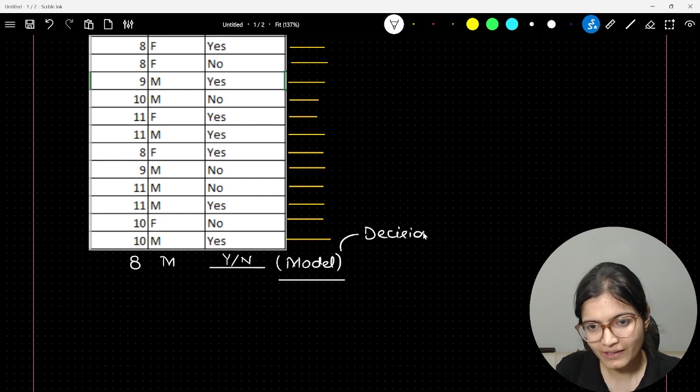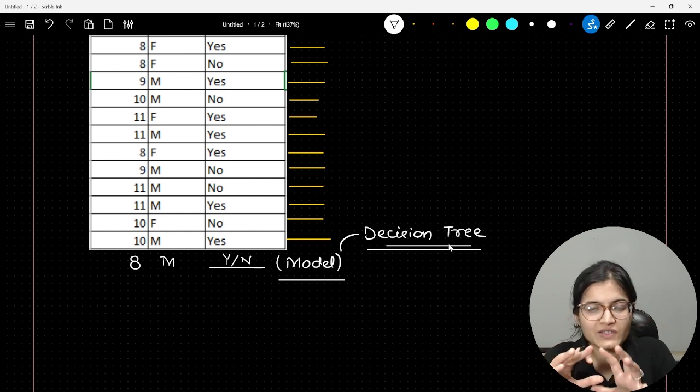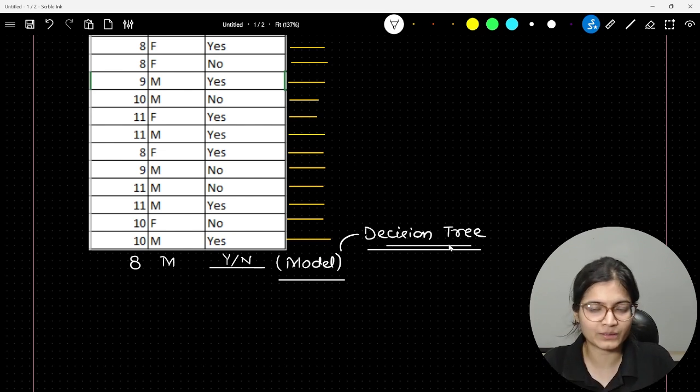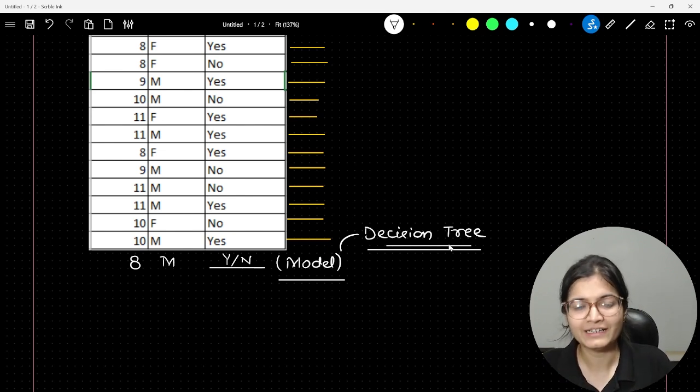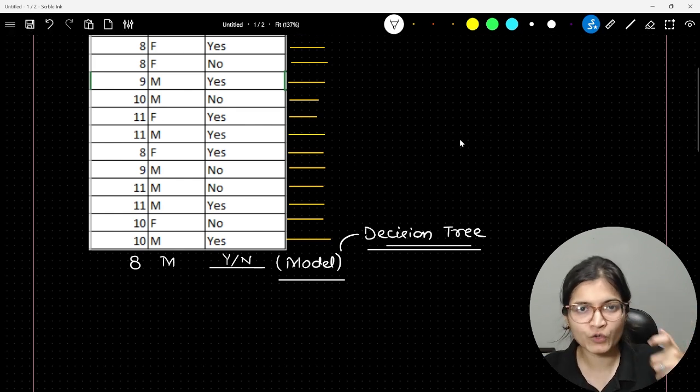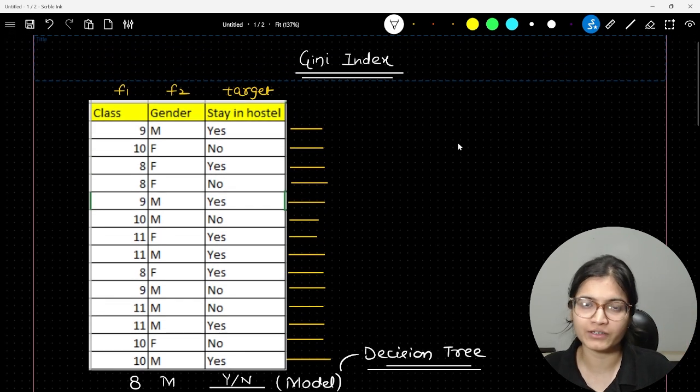So we need to understand how this model will be created, what the mathematical idea is with which we can understand which node will become the root node and which will become an internal node.